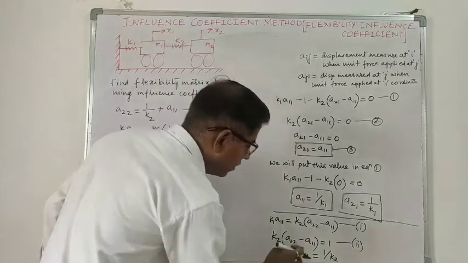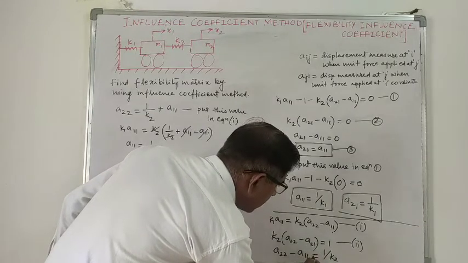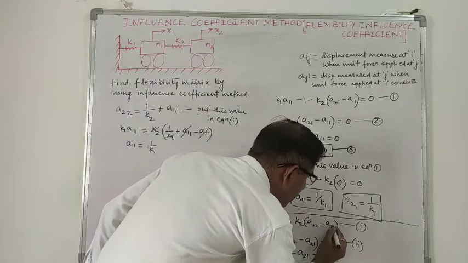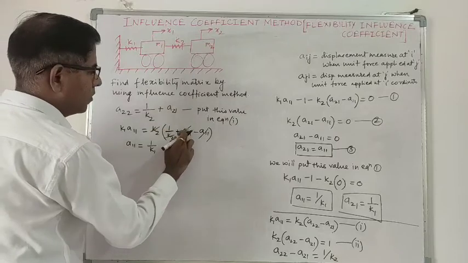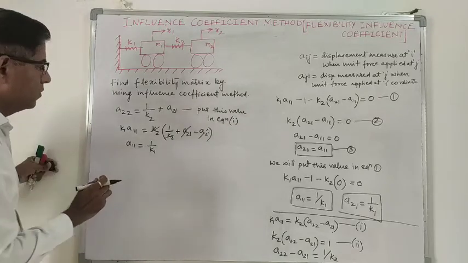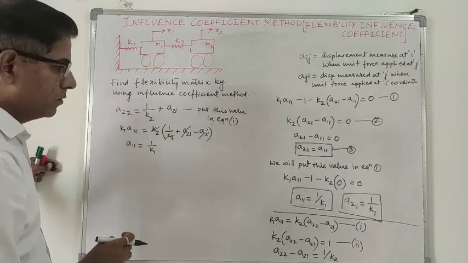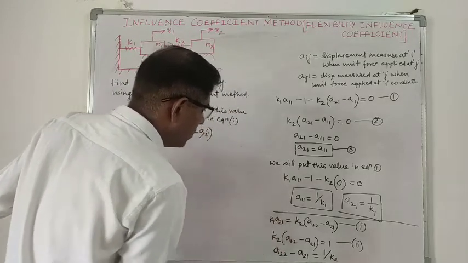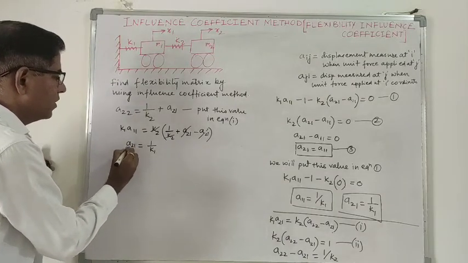No, it should be A12, so it should be A12. So A12 is equal to 1 upon K1.